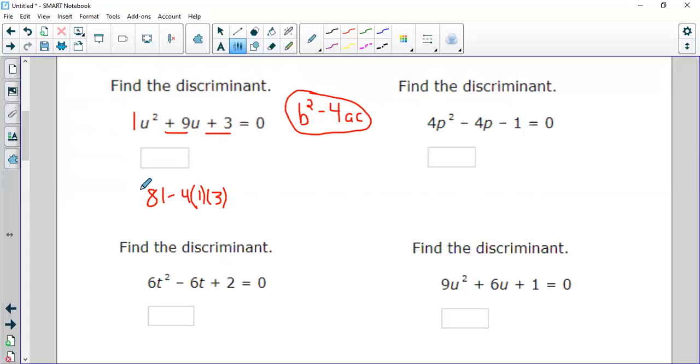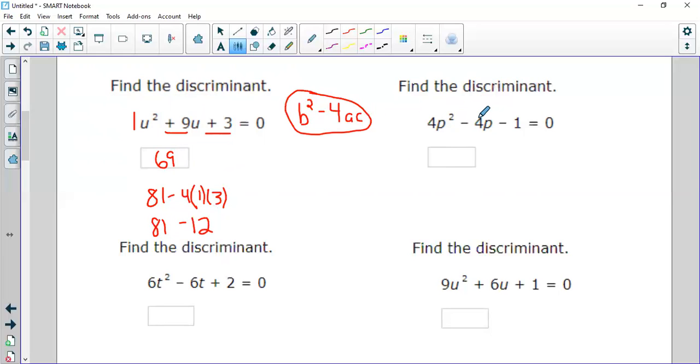All right, so 81 minus 4 times 1 times 3 is 12. 81 minus 12, 69. There's our discriminant value for that equation.